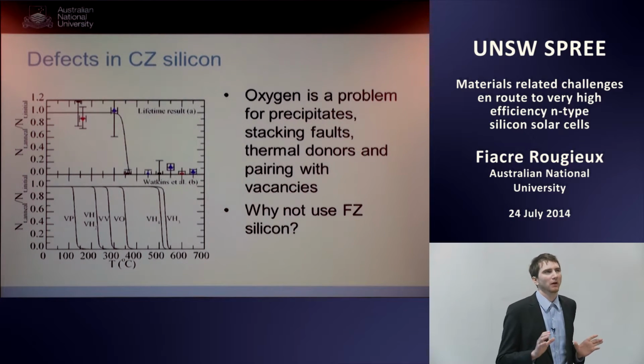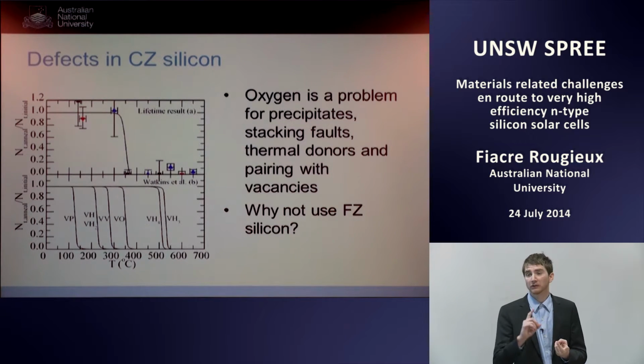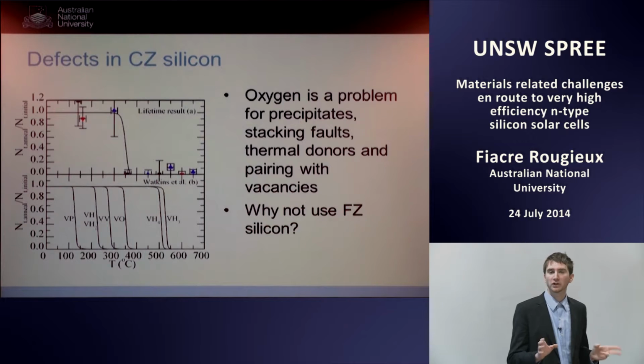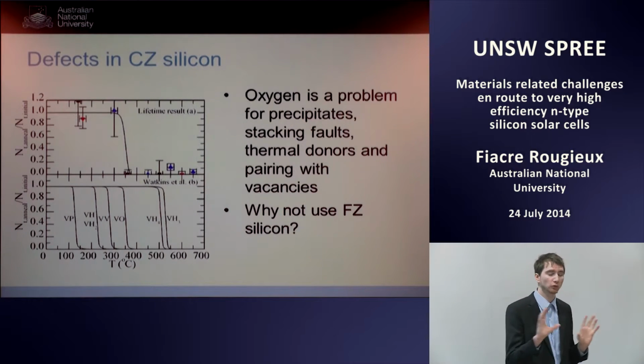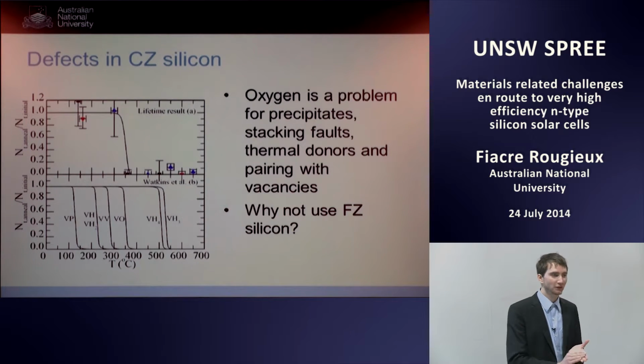We've seen, like in the previous section, that oxygen not only creates precipitates, those precipitates put strain on the lattice and can create stacking faults themselves, both of which are recombination active and significantly degrade the lifetime. They put us out of the sweet spot where we want to be, the 5 millisecond sweet spot or higher. They also create thermal donors, which are recombination active, and can potentially pair with vacancy and limit the lifetime.